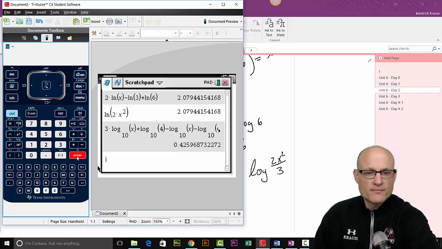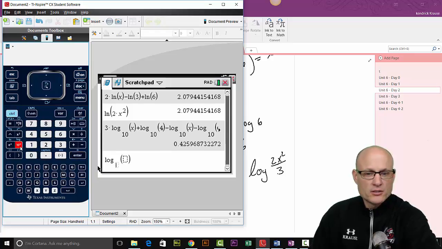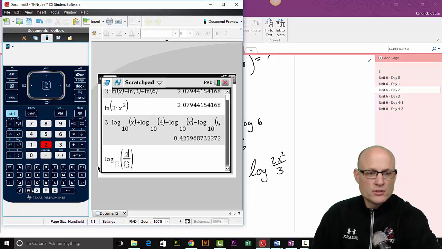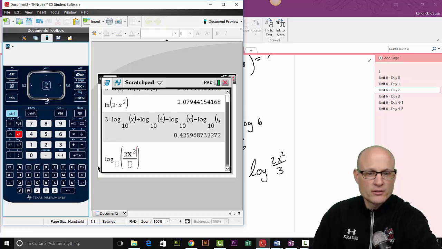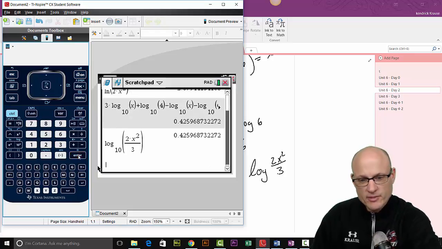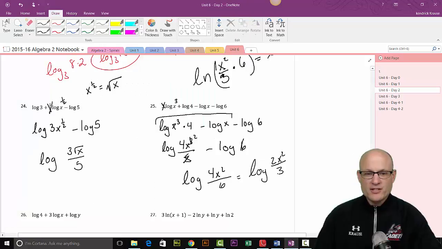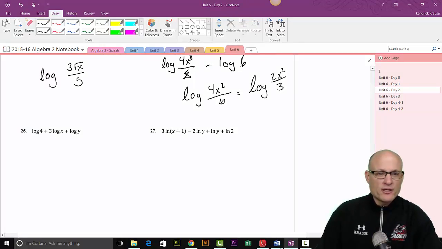They put a lot of tens in, right? And then I'm going to do log of 2x squared over 3. Hey, there it is. Got the right thing. All right, so you can see it's kind of a pain, but we're okay.